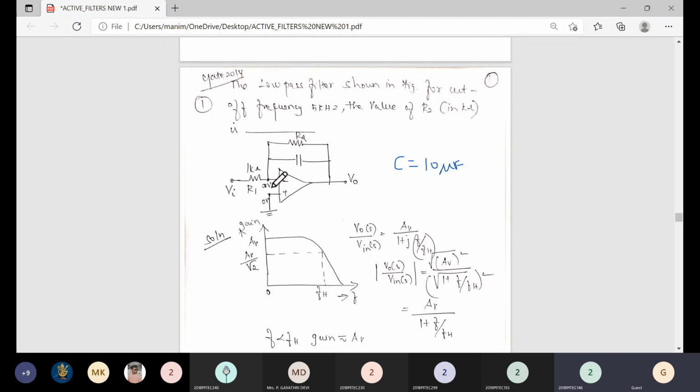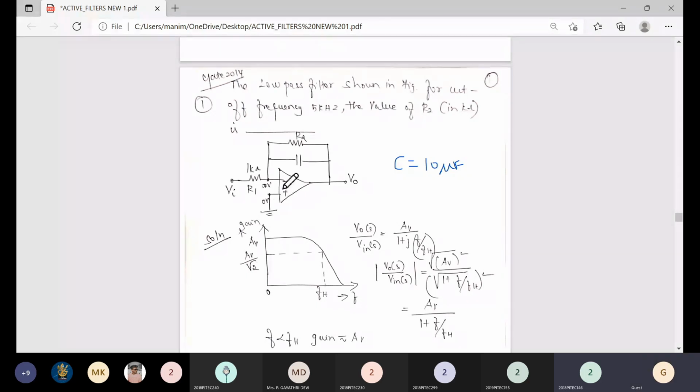So we can say that the difference voltage between the inverting and non-inverting terminals is zero, that is, no current flows through the inverting terminal.